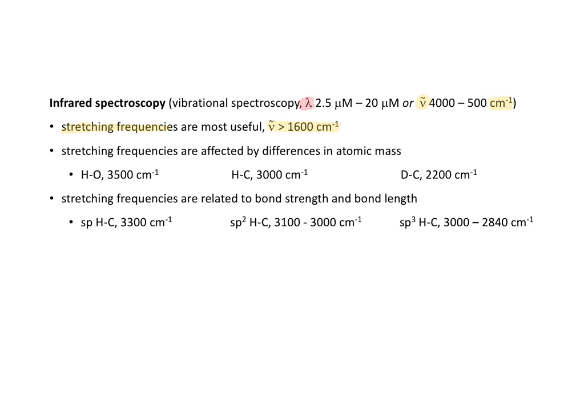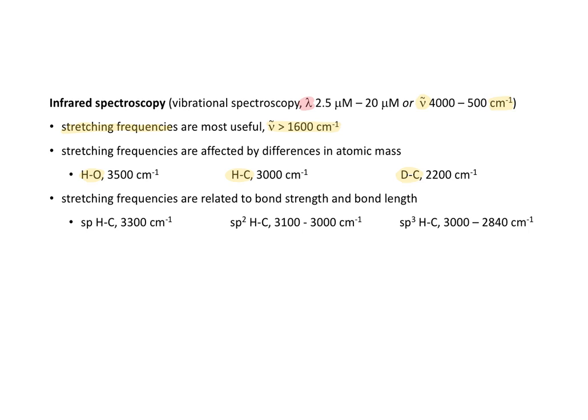Stretching frequencies are affected by differences in atomic mass, as you can see for the hydrogen-oxygen bond, which has a high stretching frequency, slightly lower stretching frequency for carbon-hydrogen bonds, and for deuterium-carbon bonds, where the difference in atomic mass now from 2 for deuterium to 12 for carbon shows up as a lower frequency.